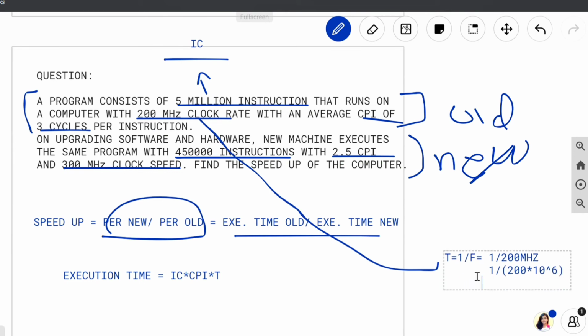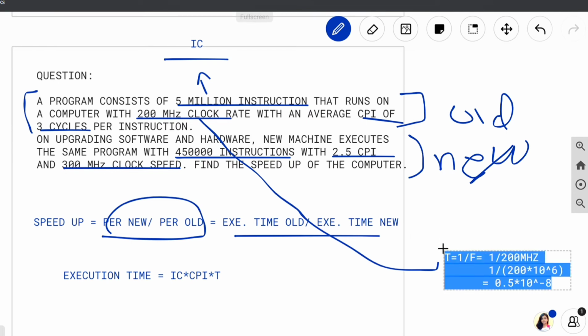So basically, I'm writing directly, it is 0.5 into 10 to the power minus 8. This is the time for the old machine.